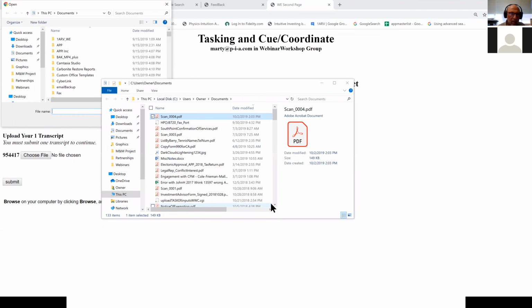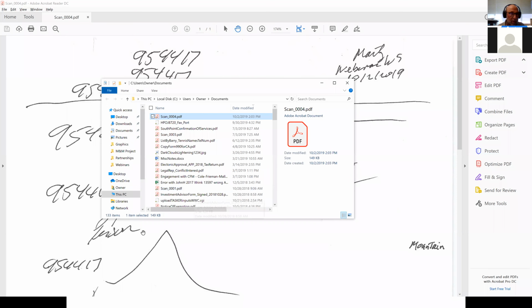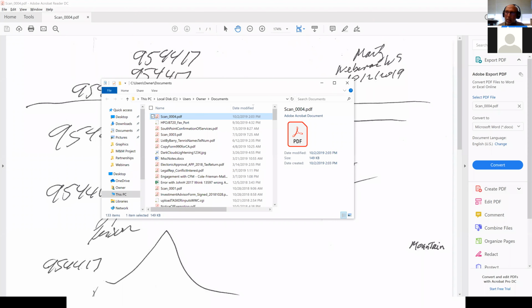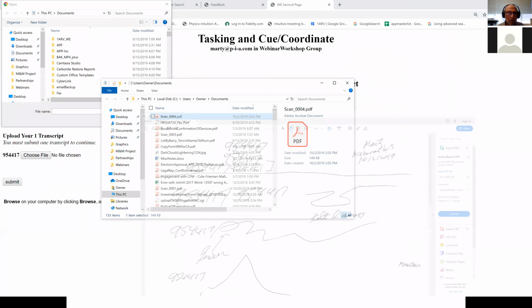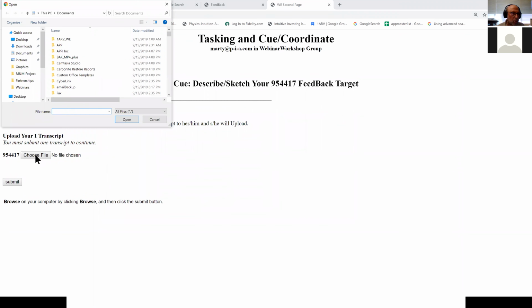And then, yeah, so there is my scanned picture. And in fact, there it is. But let me just see if it went into the right place. No file chosen. So I need to choose. So you click choose a file.